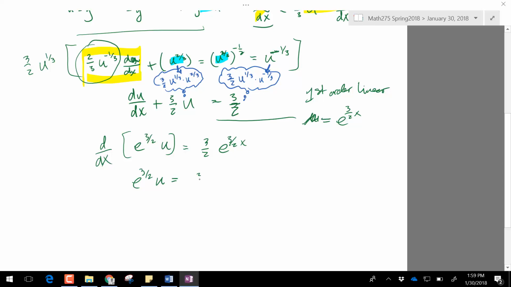The integral of this is 2/3 e to the 3/2 x plus a constant, and then these things would cancel, and u is going to equal 1 plus e to the negative 3/2 x times c.